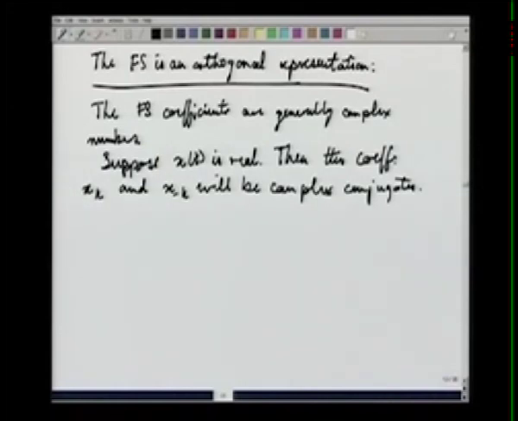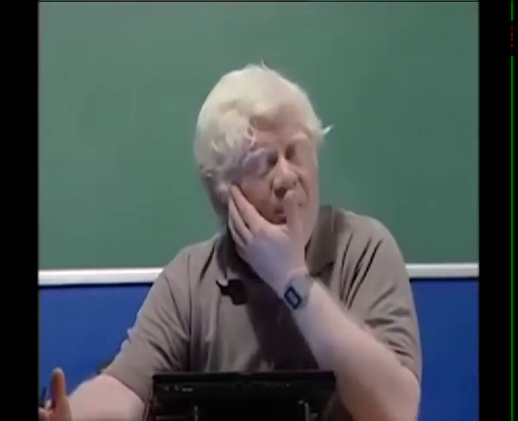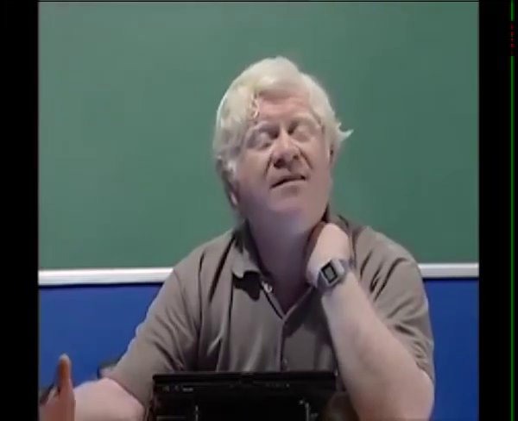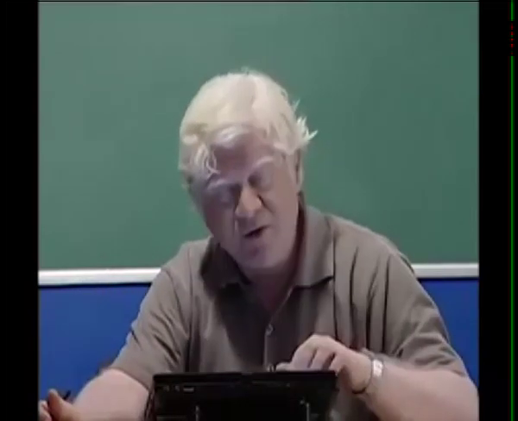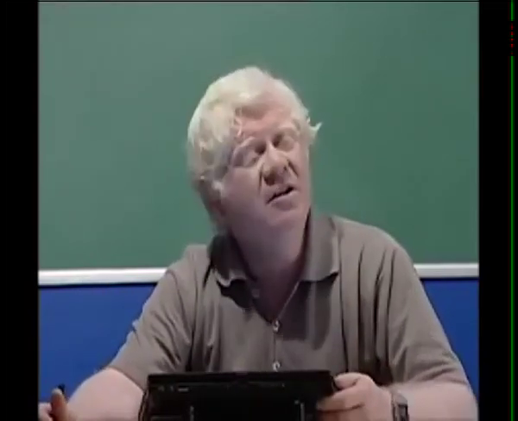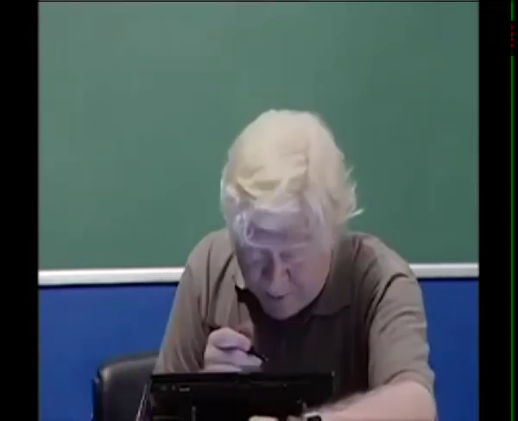Thus, for example, if you have x 3 equal to 2 minus j 4, then x minus 3 will be equal to 2 plus j 4. It is because of this pattern followed by the coefficients that the complex valued basis functions add up so as to cancel their imaginary parts and leave behind a purely real function x t, because we started with a real function. Now, suppose we started with a purely imaginary function, then what happens?